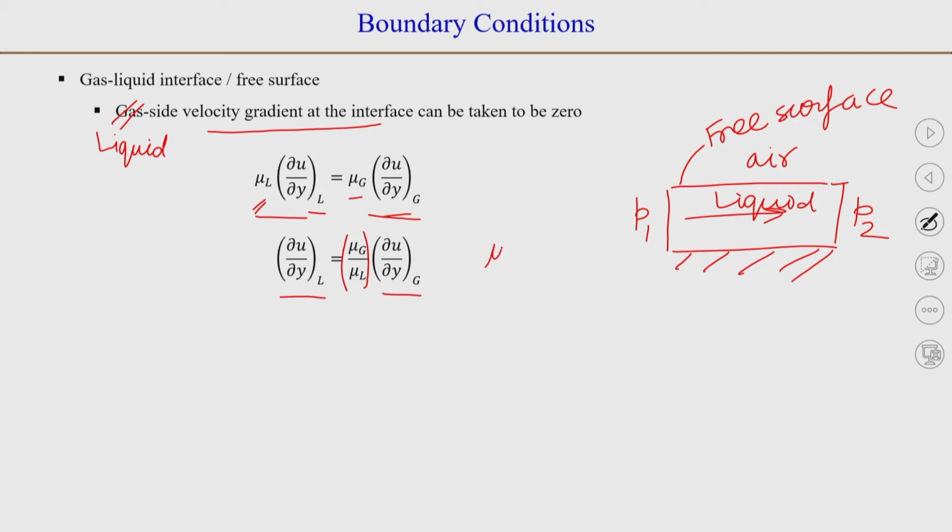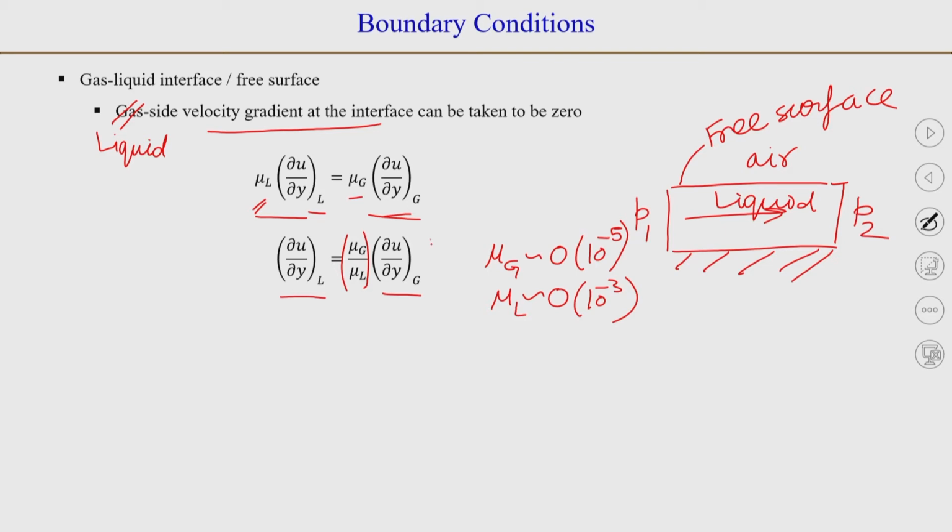Now, typically at atmospheric temperature, the gas viscosity is of the order of 10 raised to the power minus 5, whereas the viscosity of liquid, for example that of water, is of the order of 10 raised to the power minus 3. So, there is 2 order of magnitude difference in the viscosities.